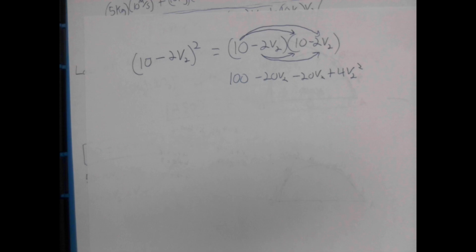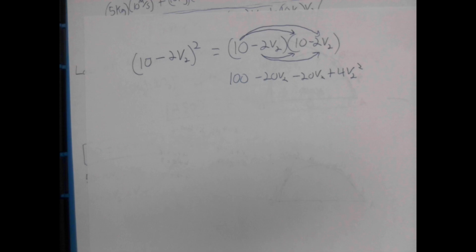Another way of doing it is the grid method. So we have 10 minus 2v2, and 10 minus 2v2. 10 times 10 is 100. 10 times negative 2v2 is negative 20v2. Negative 2v2 times 10 is negative 20v2. Negative 2v2 times negative 2v2 is positive 4v2 squared.